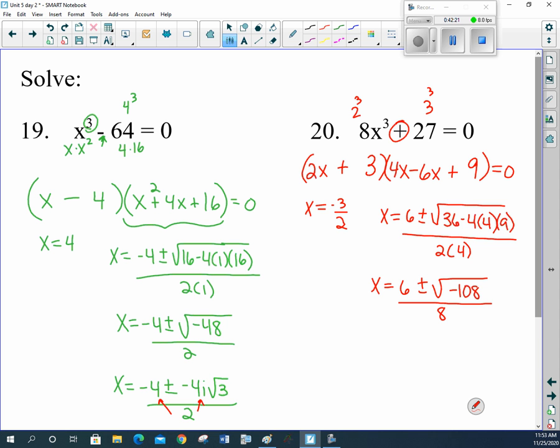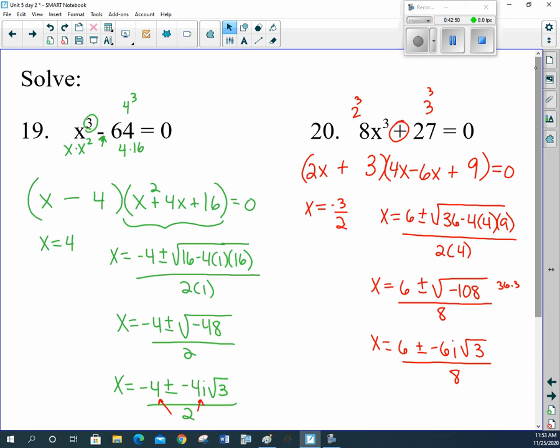Let's see if it's divisible by 9. Yeah, it is. Oh, it's divisible by 36. So x equals 6 plus or minus, I'm going to do 36 times 3. So -6i square root of 3 over 8.